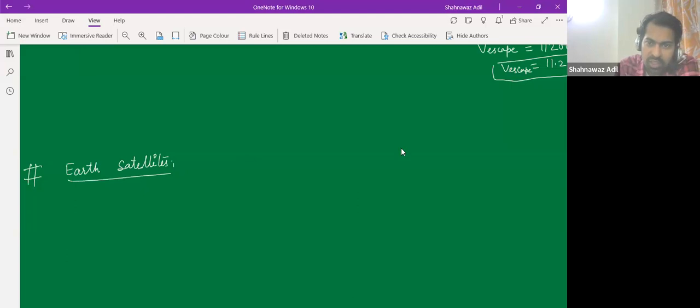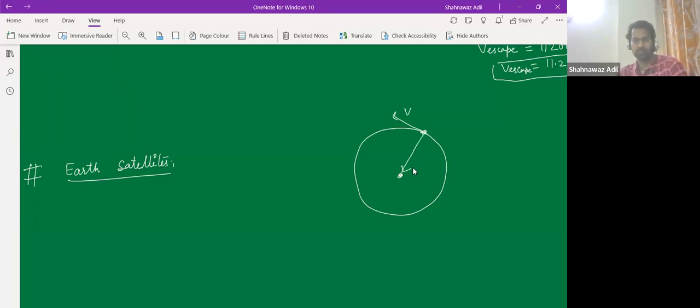Before we do the satellite, do you guys remember that if something is moving in a circle with velocity v, what is the force that is acting towards the center? Centripetal force. Good. So we will remember this. This centripetal force is provided by different things.